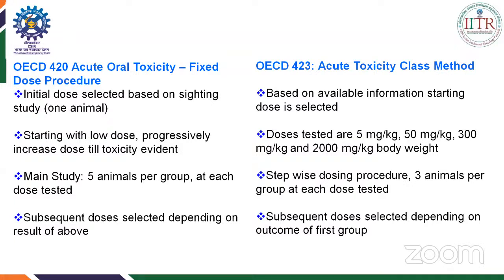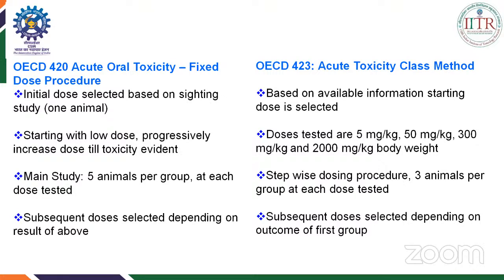423 gives you the advantage that certain initial data, efficacy data, or maybe pharmacokinetic, pharmacodynamic data would be available. Based on that, you will say test either one of the four doses that you see on your screen: 5, 50, 300 or 2000.